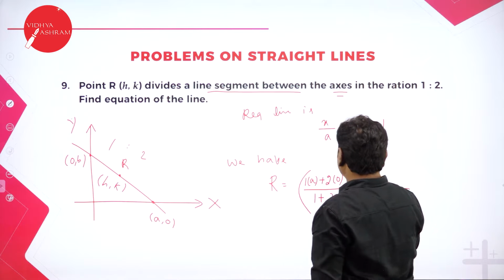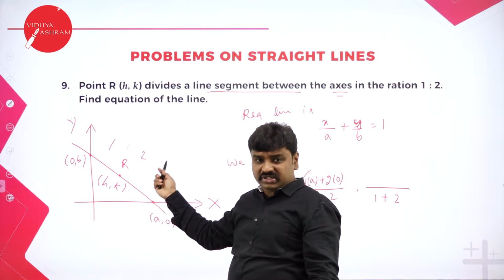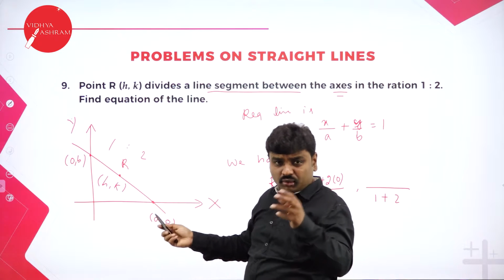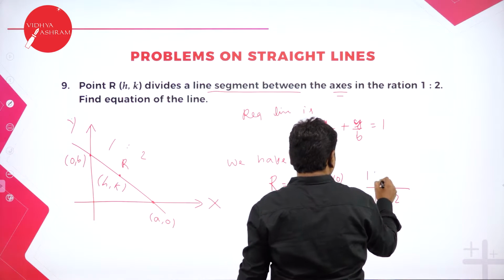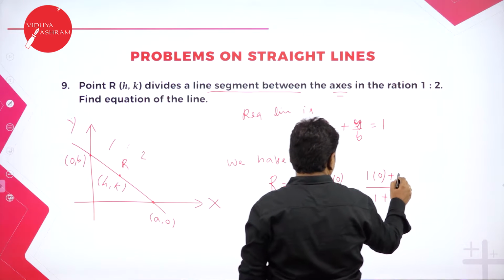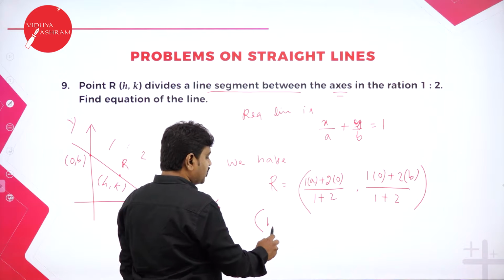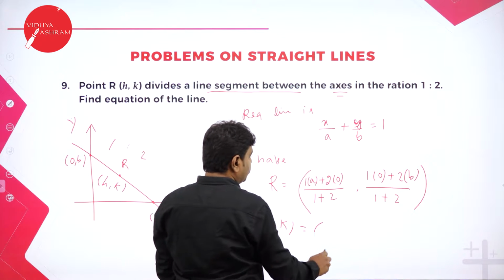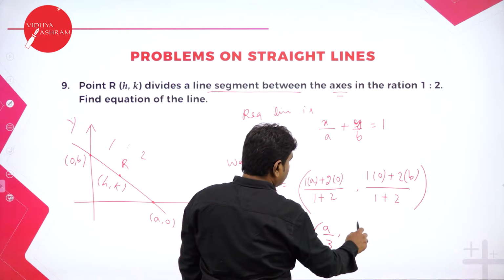I am using the section formula for internal division: mx2 plus nx1 divided by m plus n, my2 plus ny1 divided by m plus n. Similarly 1 into 0 for the y coordinate plus 2 into b. And the R value they gave: R is h comma k. Simplify this. 2 into 0 is 0, I'll get a by 3. And this will become 2b by 3.